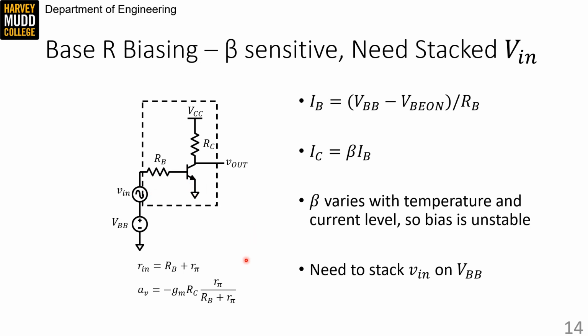So it's possible to add series base resistance to many amplifiers to increase the input resistance, but it's not a free ride. You often pay gain for it, and often you pay pretty dearly. So think carefully about the trade-offs if that's a design you want to make.